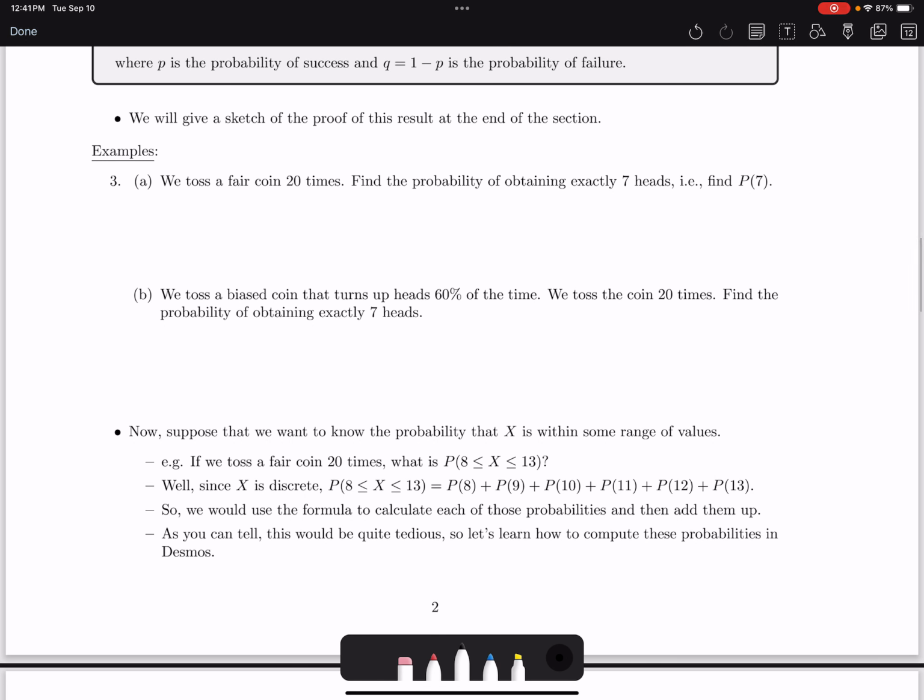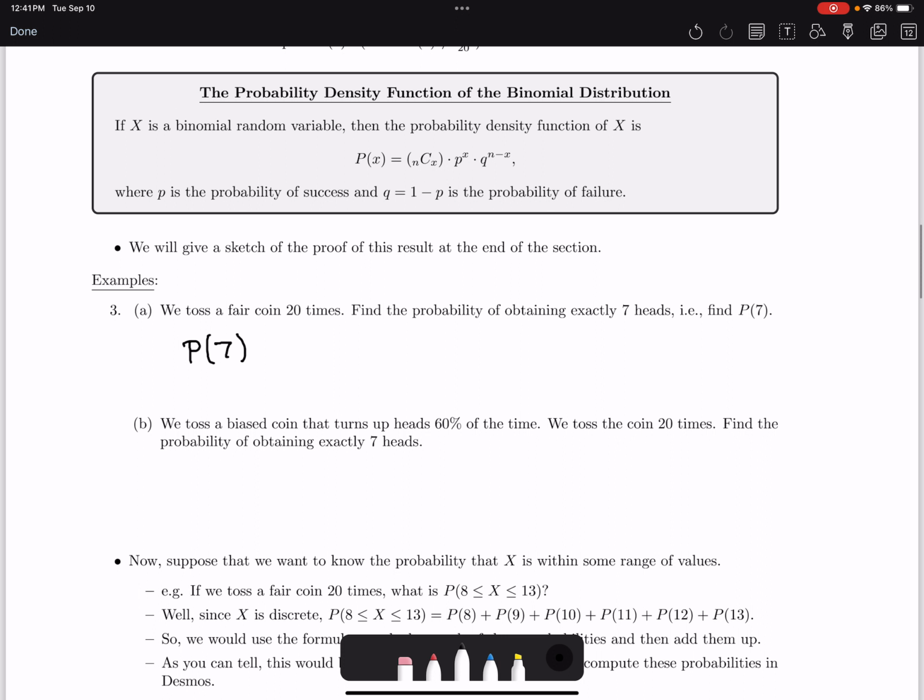Okay, so let's practice just using that formula. Number 3 says, we toss a fair coin 20 times. Find the probability of obtaining exactly 7 heads, in other words, P of 7. Using the formula, P of 7 would be n choose x. N is 20 in this case, because we're going to toss the coin 20 times.